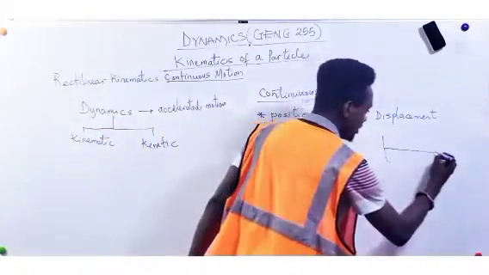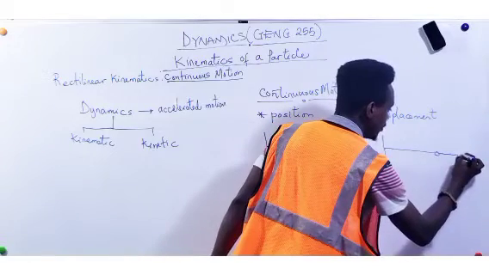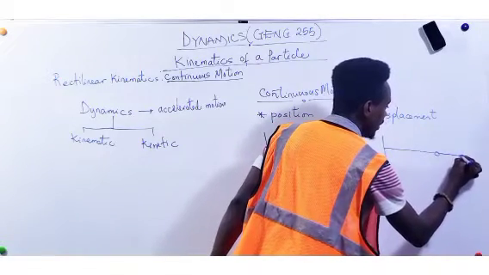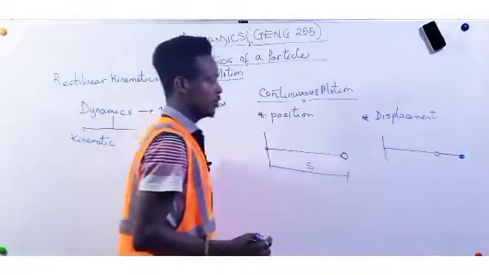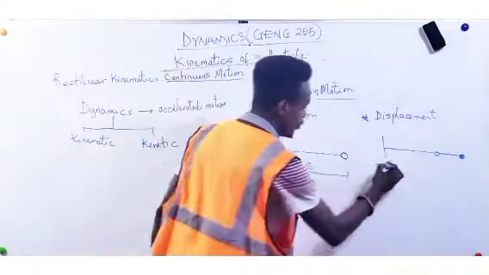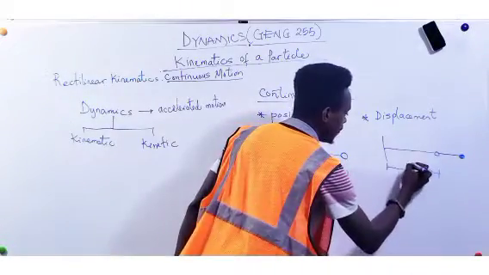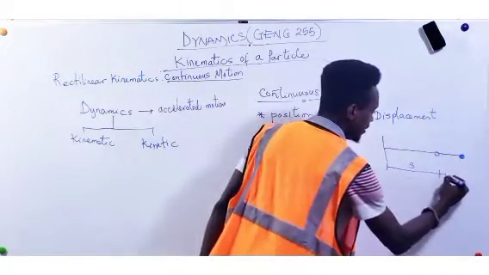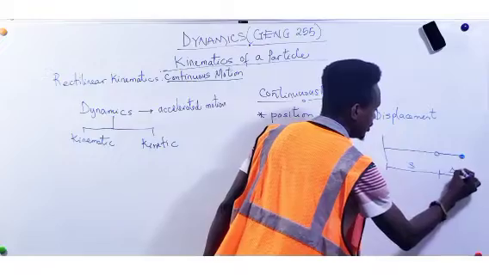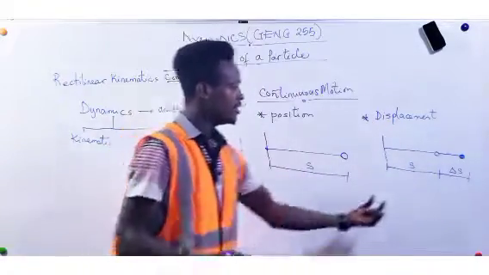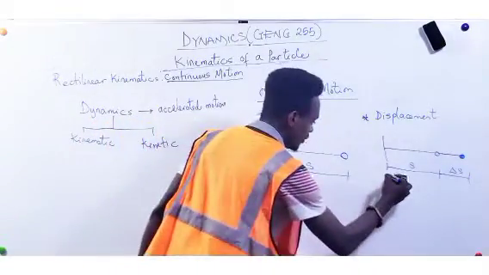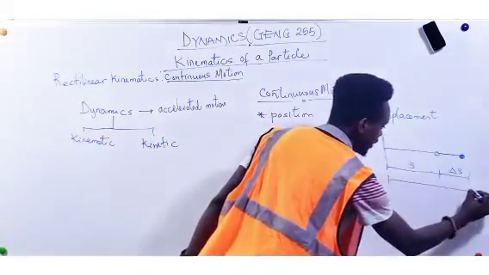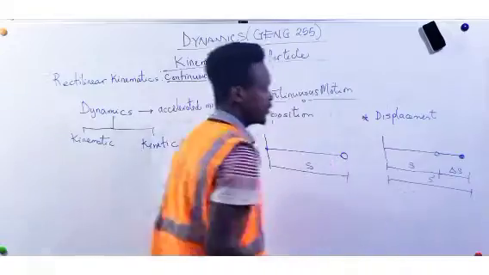Displacement, a change in position. Here is our value s, and here is our change in s. The change in s represents the displacement. The total distance from here to here, we call s prime.